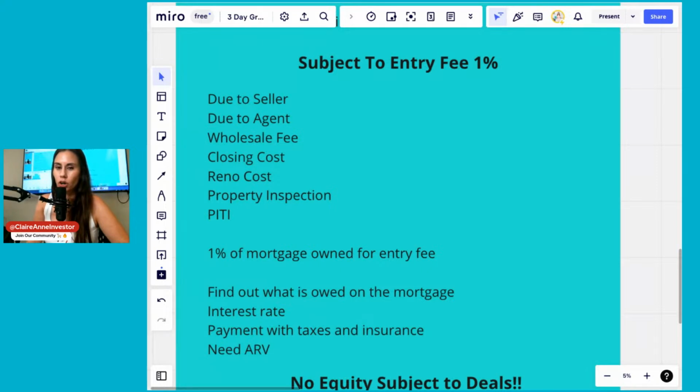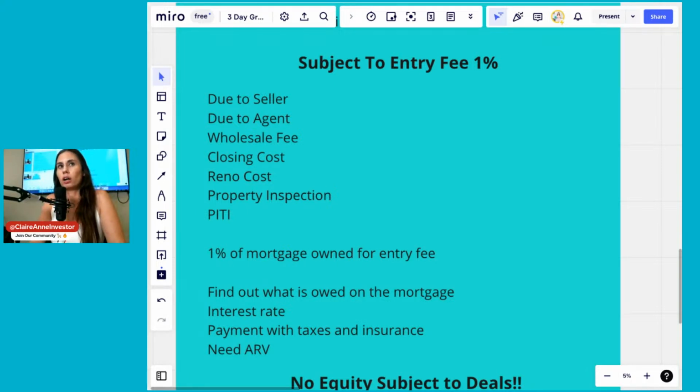A wholesale fee, you can tack on your 10, as long as the numbers work. This is what I was telling Manuel today: some people do a $30,000 wholesale fee. I said, yes, because the numbers work, right? So on a $185,000 property, if I want to take a $30,000 wholesale fee, that means the end buyer has to make money as well. So can I take a $10,000 wholesale fee?